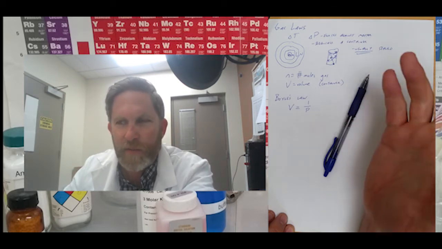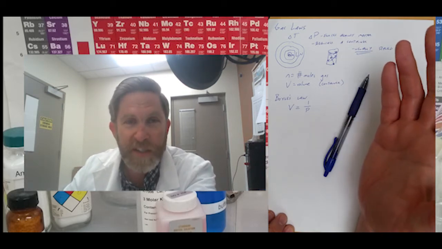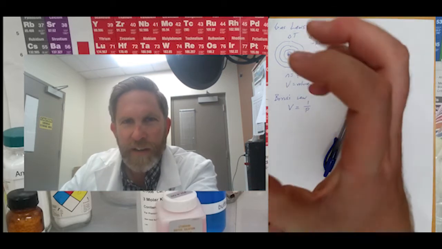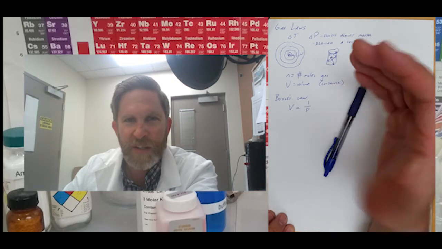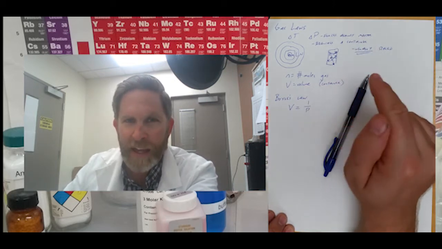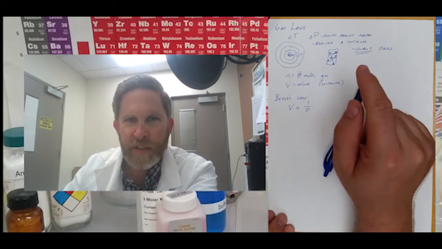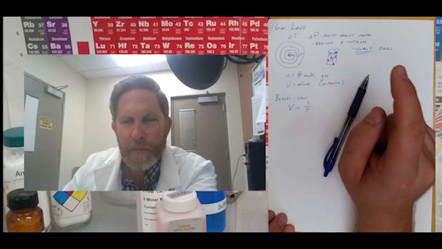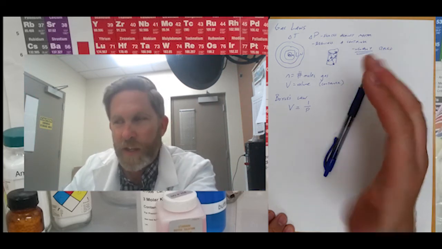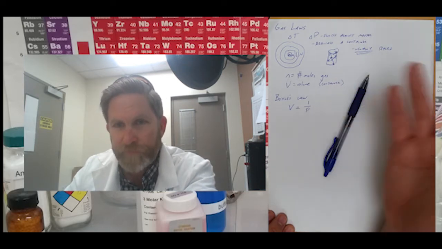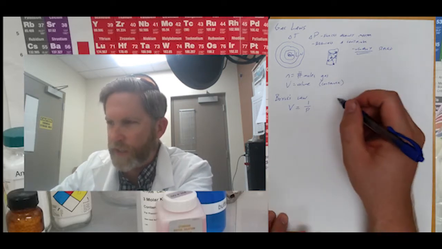So if you've never done this, grab a bag of potato chips that's still sealed, and if you push on it, you'll see that you can actually make it feel smaller, and that's because there's a significant amount of gas in the bag, usually nitrogen, to keep the chips fresh. But you're compressing that by putting pressure, therefore its volume decreases. Contrarily, if you relax the pressure, the volume will also increase.